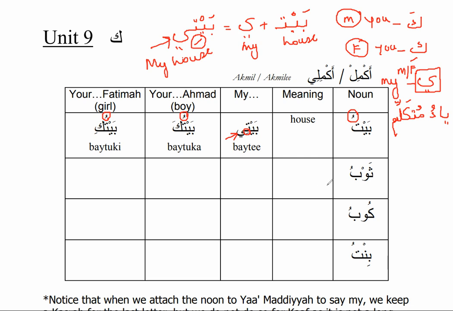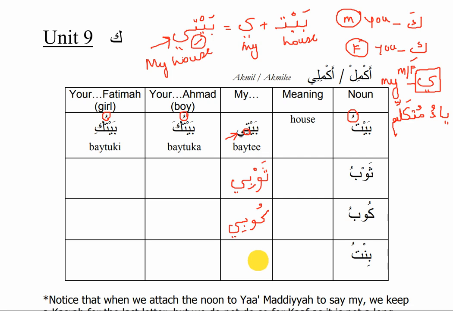So let's see thawb. Thawb with my is thawbi. It's not a long vowel, it has a sukoon. Thawbi means my dress. Kubi, my cup, with a kasra.